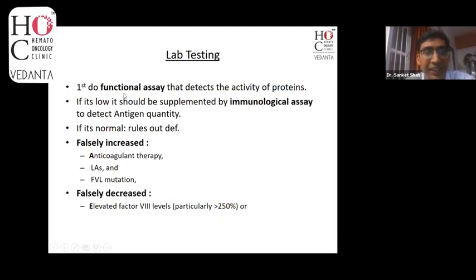If it shows normal activity at the functional assay, you don't need to do any other assay because it rules out the deficiency. However, there might be a false increase in the level when you are already on anticoagulant therapy, or in case of lupus anticoagulant or factor V Leiden mutation. And false decreased activity level can be seen with elevated factor VIII levels.